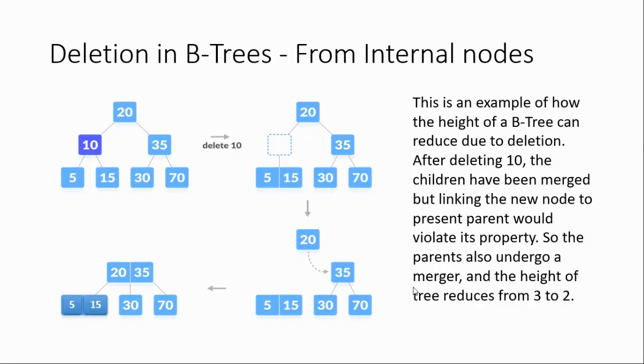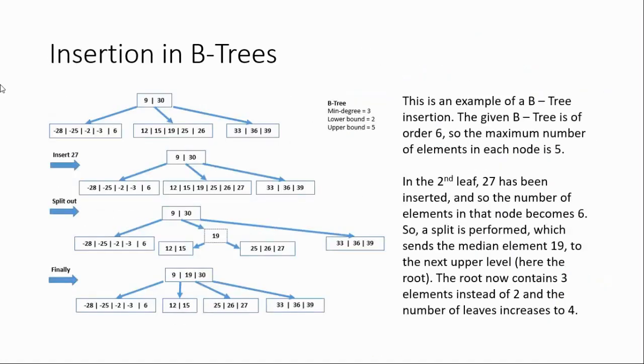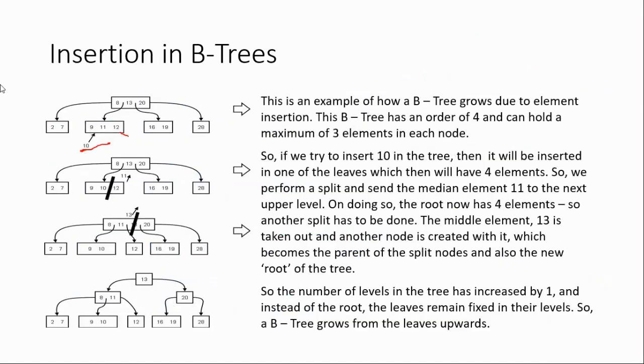Now this is also another case of deletion. This case particularly deals with how a B tree shrinks. As we have seen in the previous example, due to B tree insertion, the leaves remain constant in their position, but the position of the root changes.